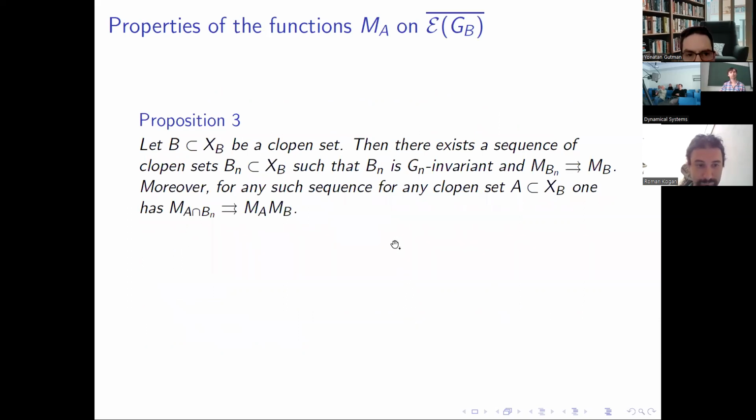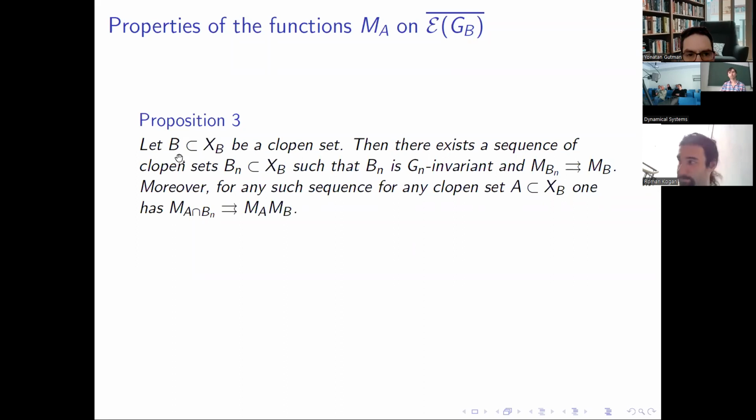So the proof is based on several propositions. The first statement is a certain multiplicativity property of these functions of measures on the clopen sets.